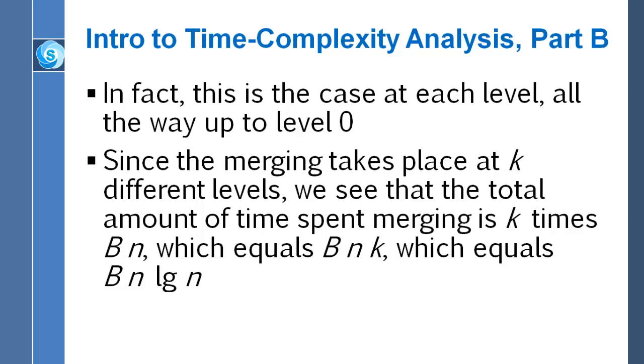We can rewrite that as b times n times k. And of course, k is the base 2 logarithm of n. So the merging time is a constant b multiplied by n log n, base 2 log n.